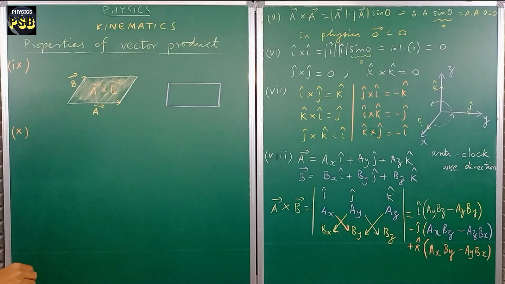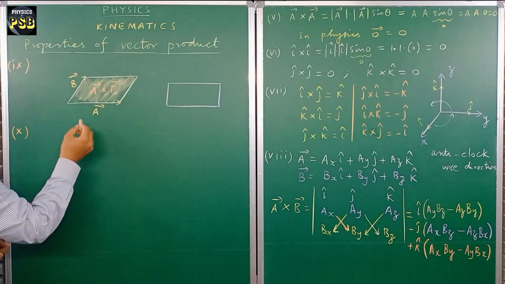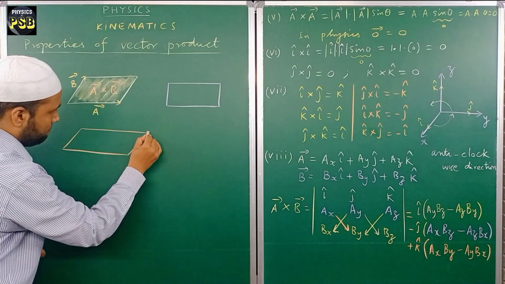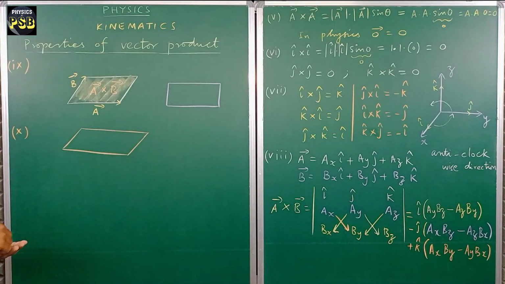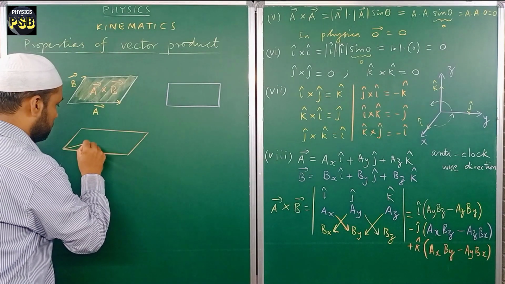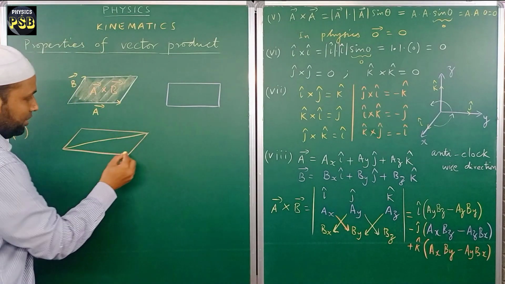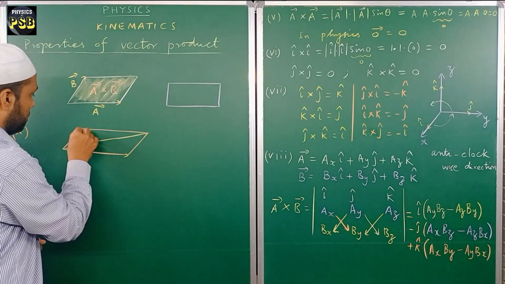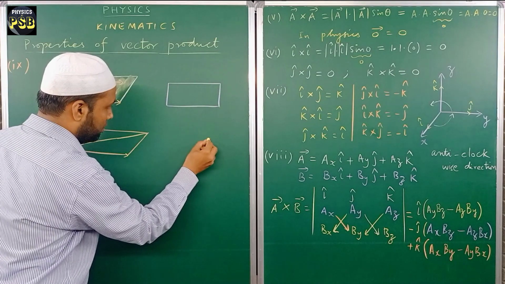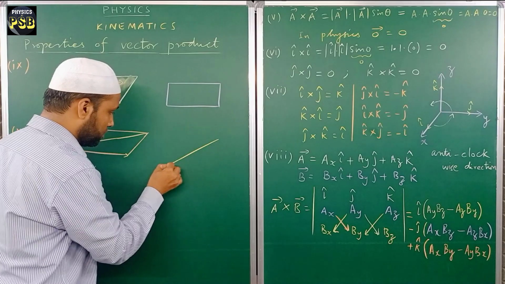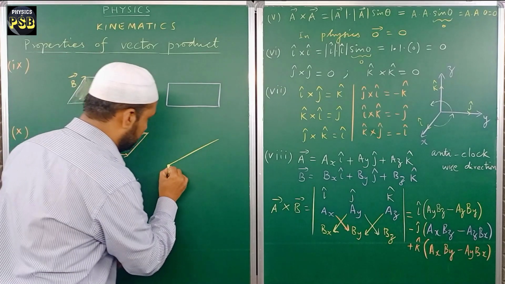Now next, if it is split along the diagonal, then we get two equal triangles. Suppose I take a parallelogram and split it into two along its diagonal. Then what I'll get is nothing but two triangles of the same kind.